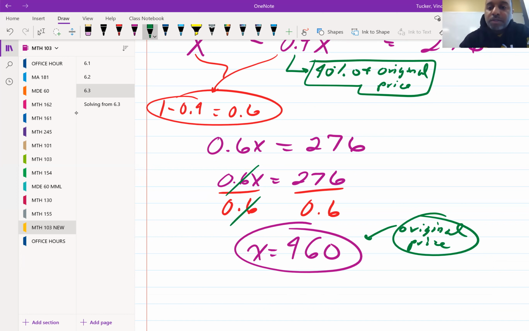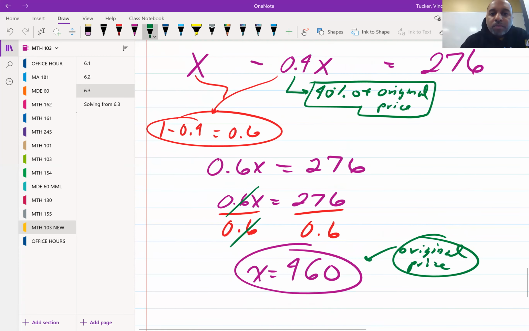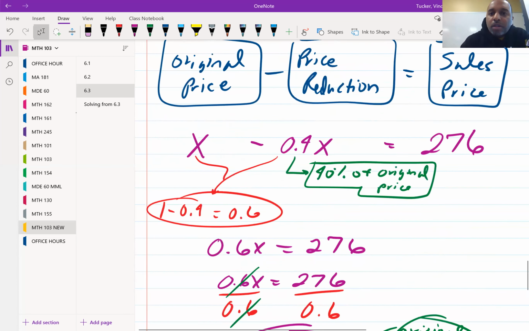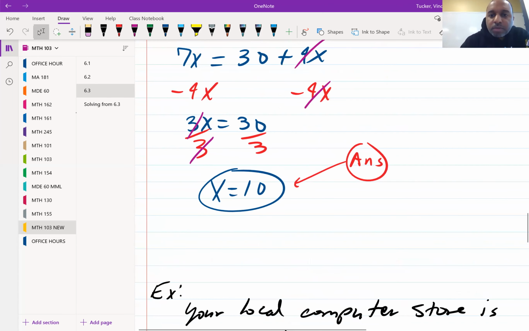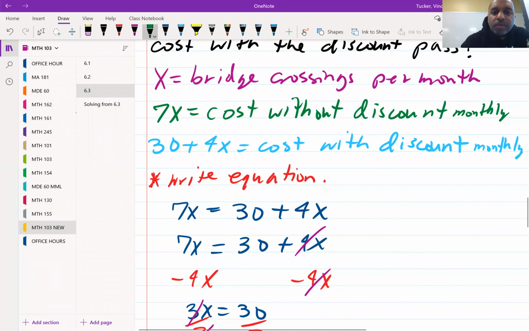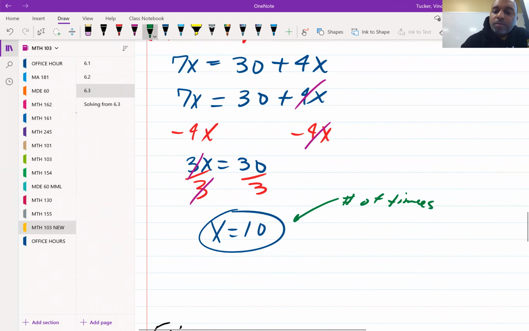Questions? Let's scroll up. I'll label this: that was number of crossings per month.